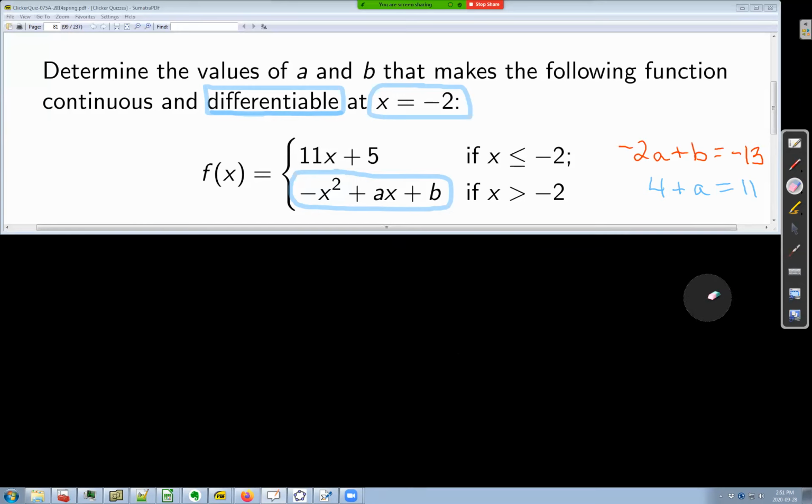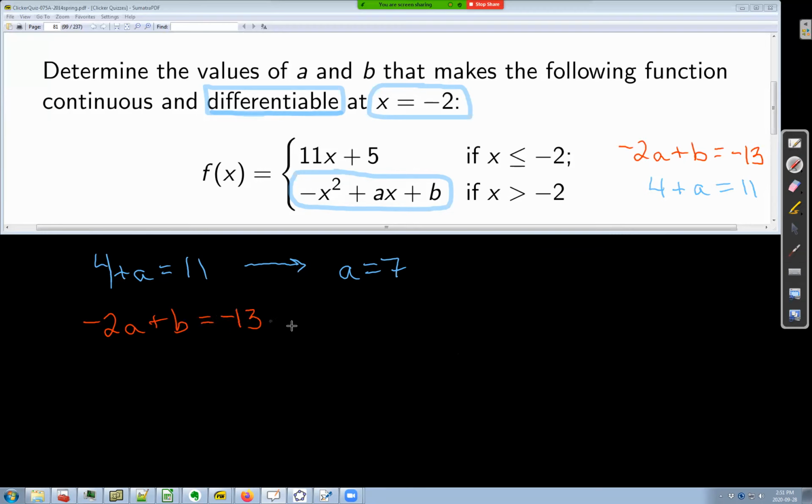All right, now I think we're in business, so let's get rid of all of this. That second equation, the blue equation, 4 plus a is equal to 11, it's not too hard to see that this means a has to be 7. And now my other equation, my red equation, was -2 times a plus b has to be equal to -13.